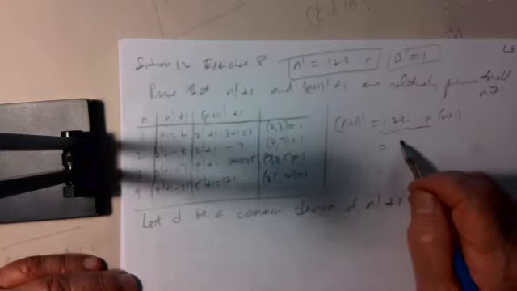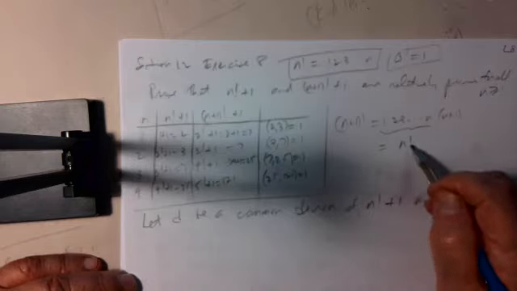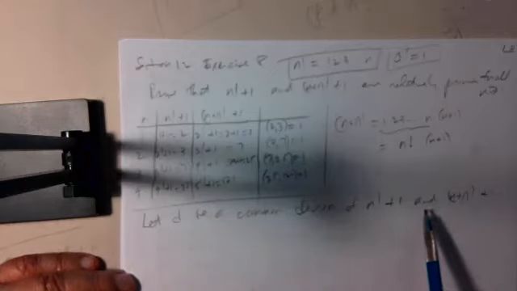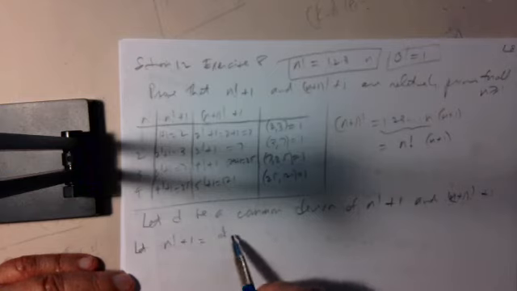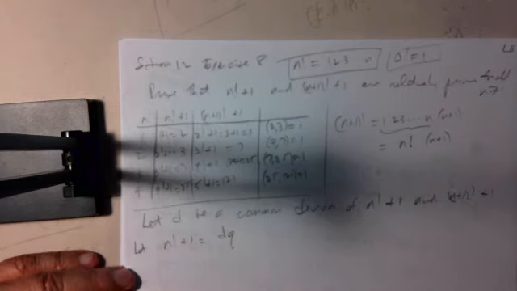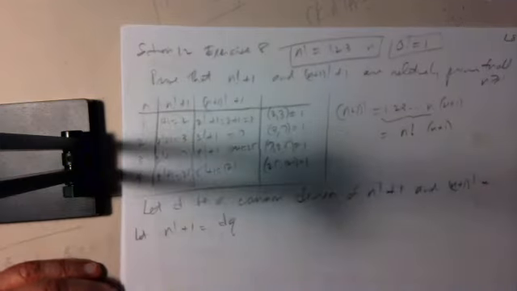So n plus 1 factorial is n factorial times n plus 1. So if D is a common divisor of these two numbers, suppose we let n factorial plus 1 be equal to D times q. What can we do? I don't know. Anyone have any suggestions?